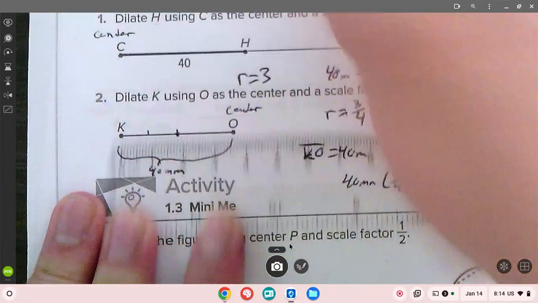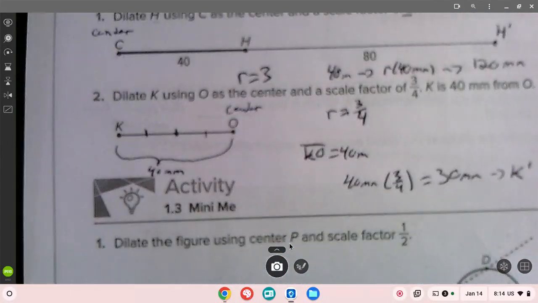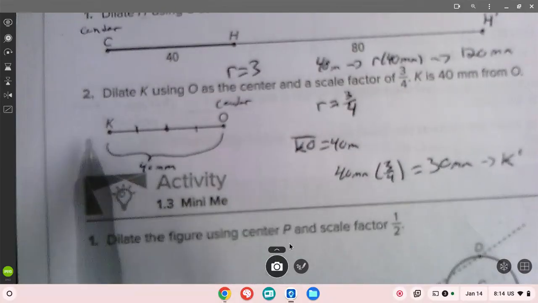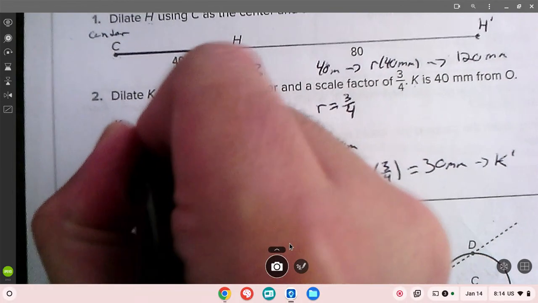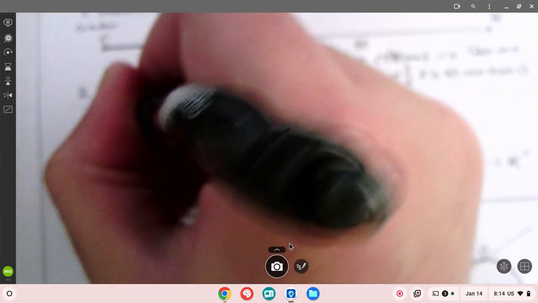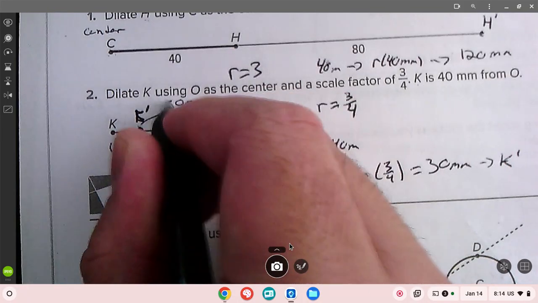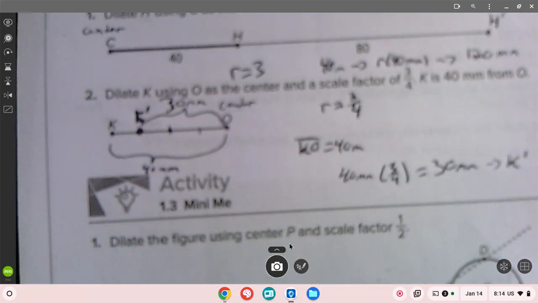So it's going to be around right here, and then around right here. So 3/4 of the distance from O would be right here. So this needs to be our K prime. And we can label that the distance here is 30 millimeters.